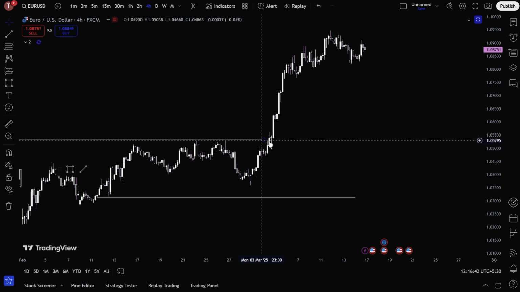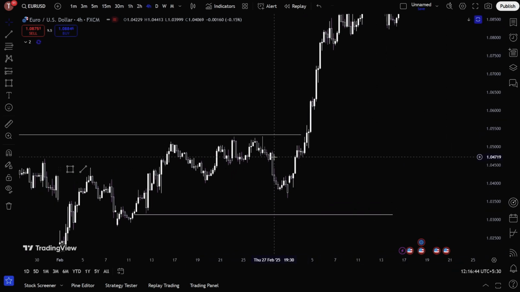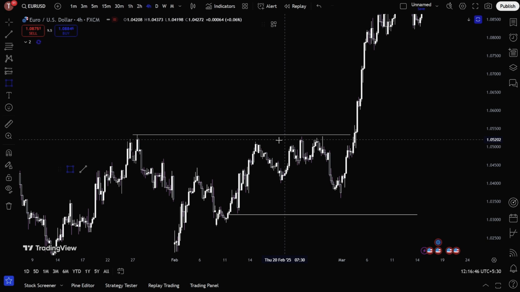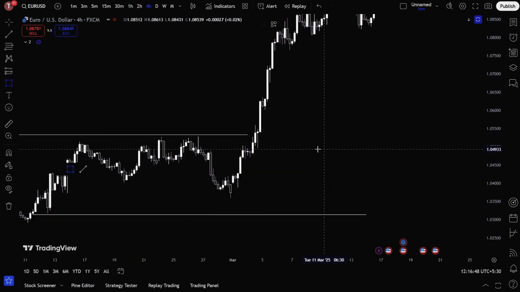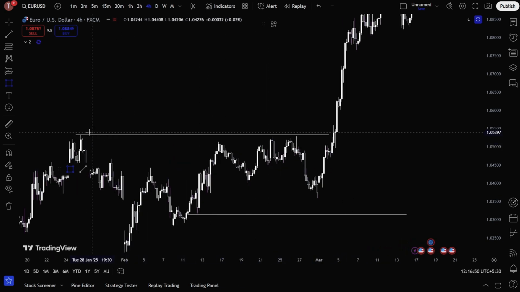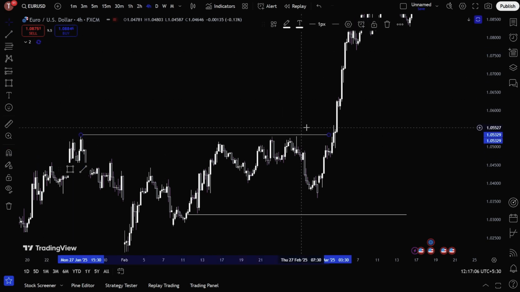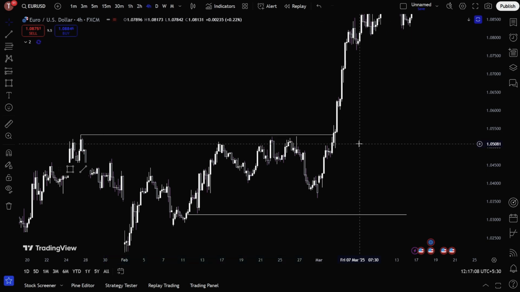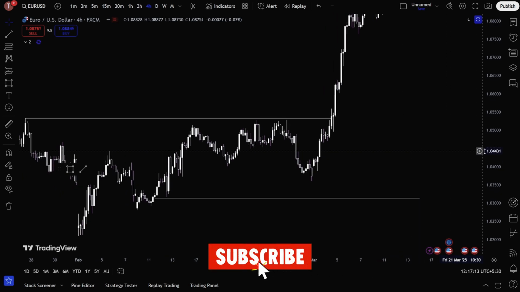After we broke this structure, what I saw on the 4 hour is that we had a strong close above this equal high. Why is it significant? Most of the time we don't question why it is happening. If we have a close above, after taking the external liquidity, the price moves to take the internal liquidity, as we know in smart money concepts.